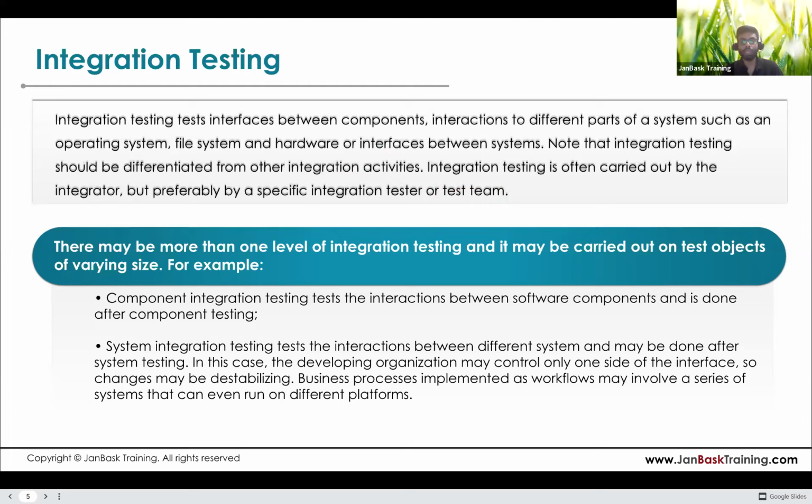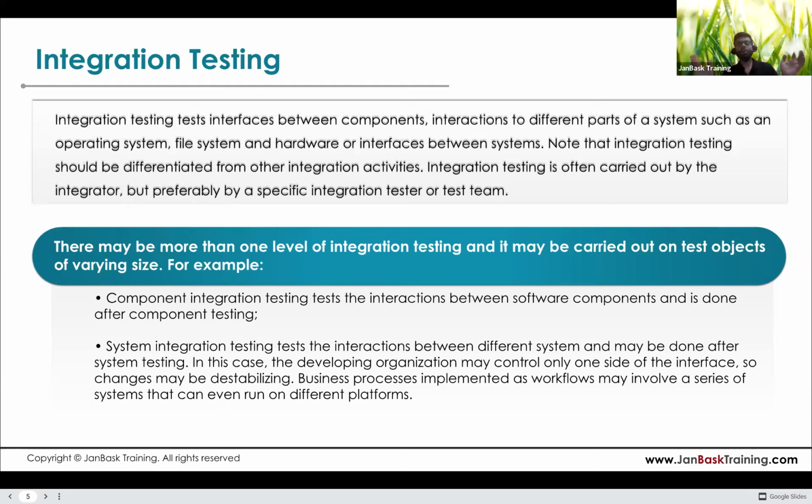So there may be more than one level of integration testing, and it may be carried out on test objects of varying size. Why is it written that there could be more than one level of integration testing? Because whenever we are integrating two or more modules, we need to do integration testing.